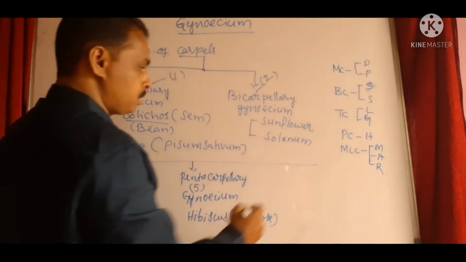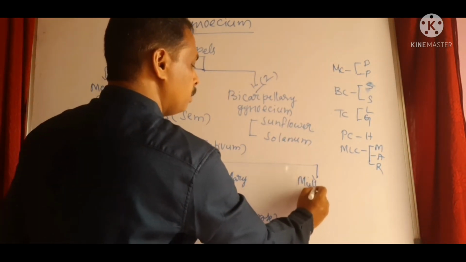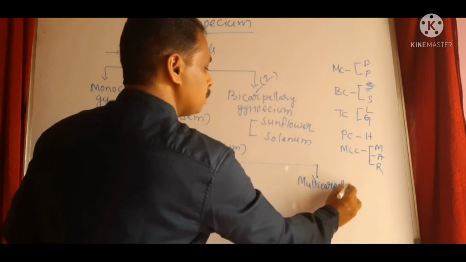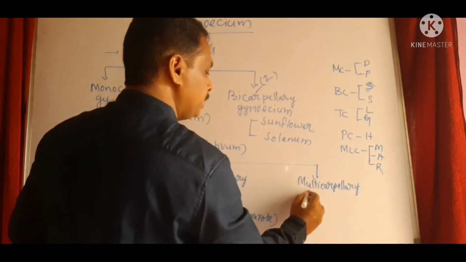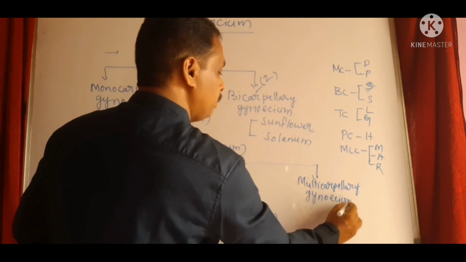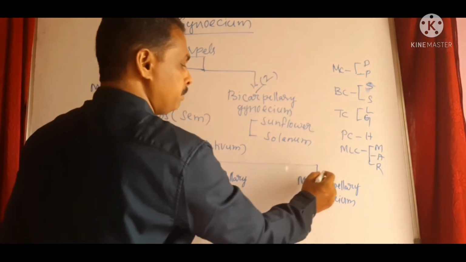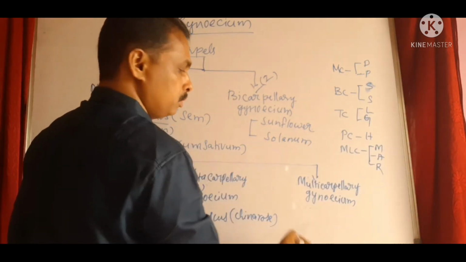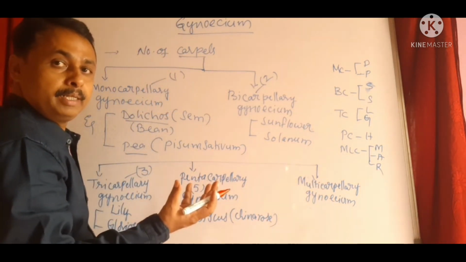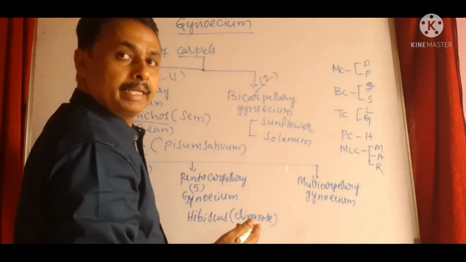The last one is multicarpellary gynoecium. Here the number of carpels is more than five, that means six and above. If such a number of carpels is present in a flower, it will be called a multicarpellary gynoecium.